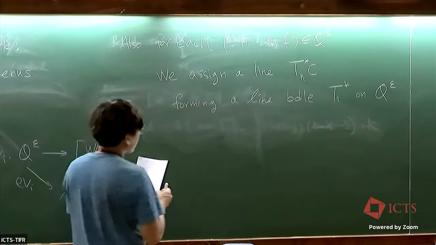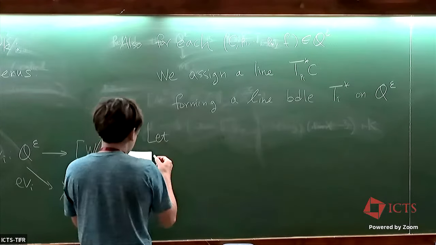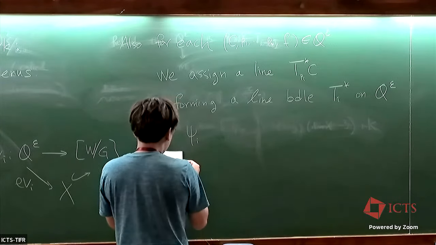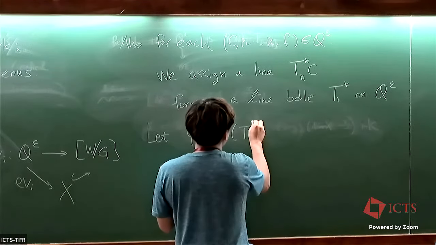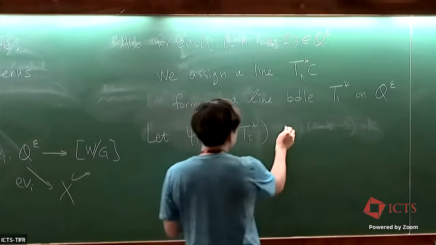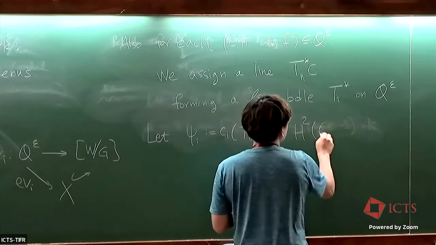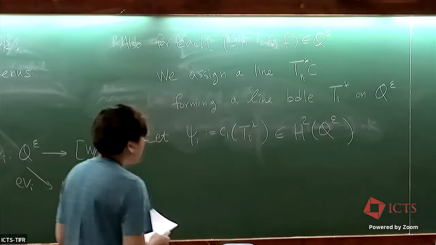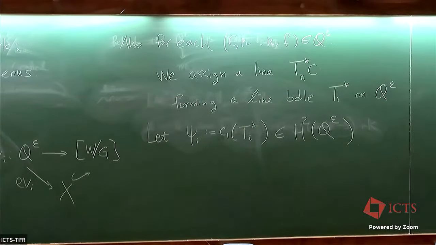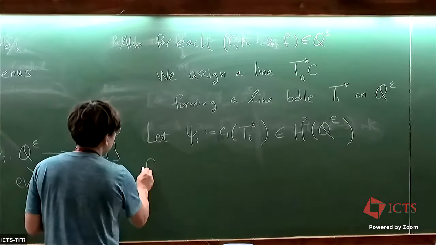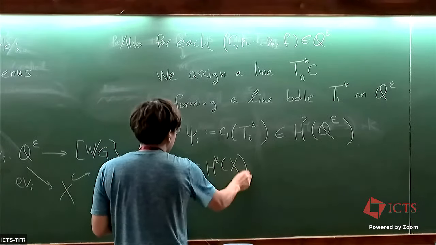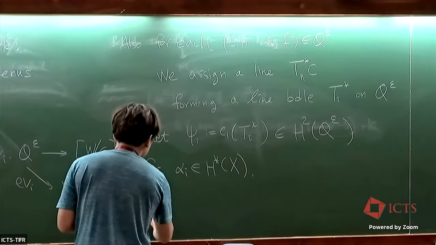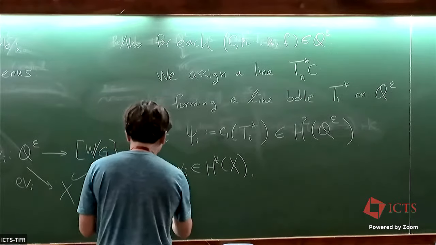Then let's denote by psi the first Chern class of this line bundle. So this is a second cohomology class of our moduli space. Then for each cohomology class of X, we can define such an invariant using bracket notation.